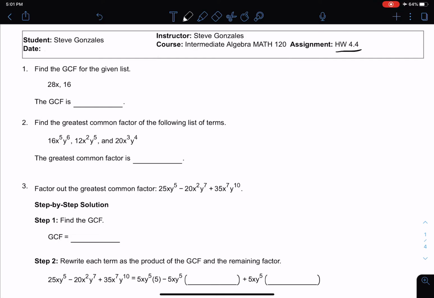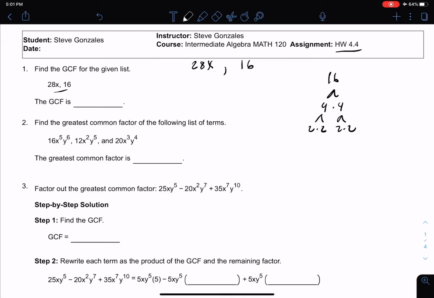The first thing you need to do is be able to identify what a greatest common factor is. So if I take these two numbers and write them over here, so we have a little more space to operate: 28x and 16. Now remember, prime factorization is when you factor 16 down into 4 times 4, this factoring tree business you may remember from the past.